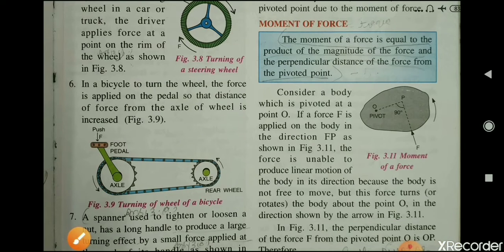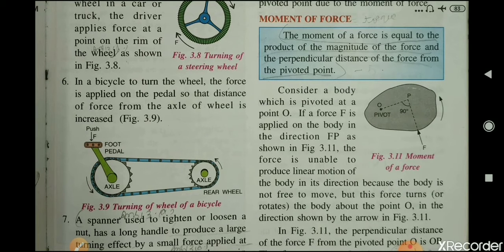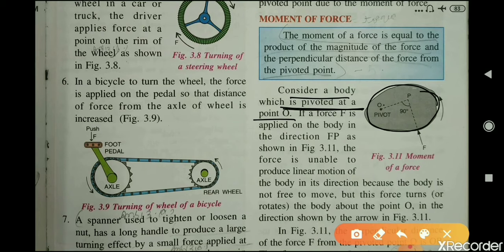A pivoted point is a point where the body is fixed, means the fixed point is known as a pivoted point, or you can say a hinge. Consider a body which is pivoted at a point O. Suppose this is a body which is pivoted at a point O, means this point is fixed.